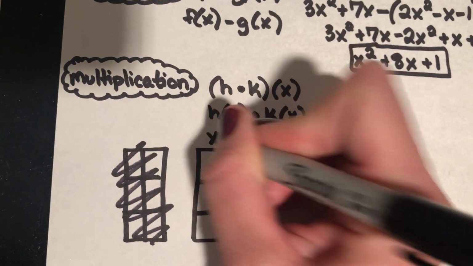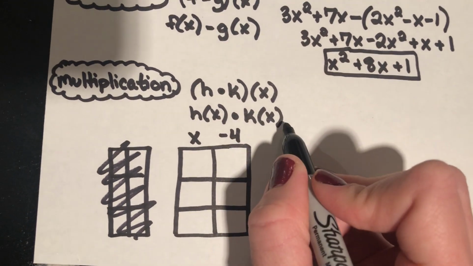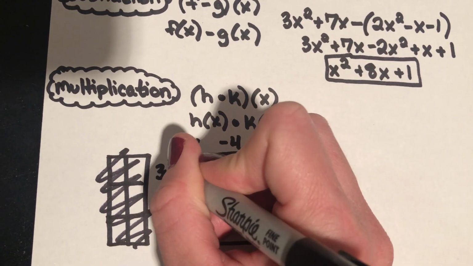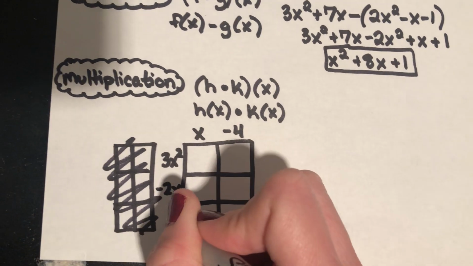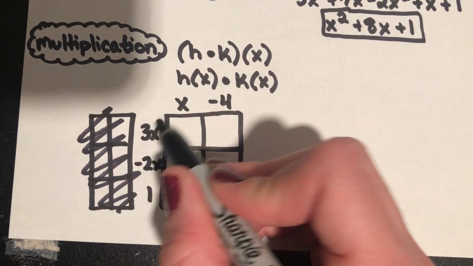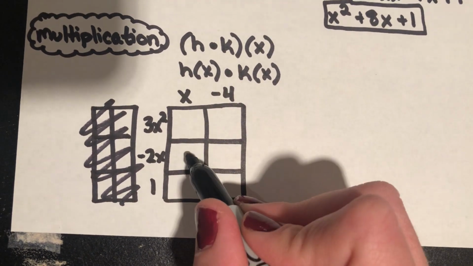We have an x and then minus 4, that's our k of x. And our h of x is 3x squared, negative 2x, and a 1. If you're not familiar with the box method, what you do is both of these are multiplied together and their answer goes here. These are multiplied and the answer goes here.